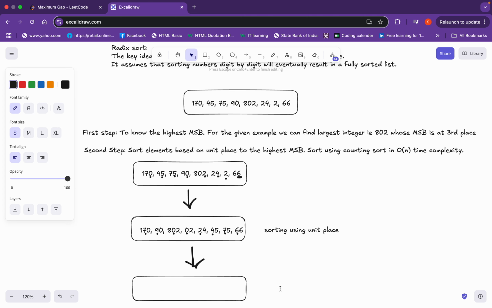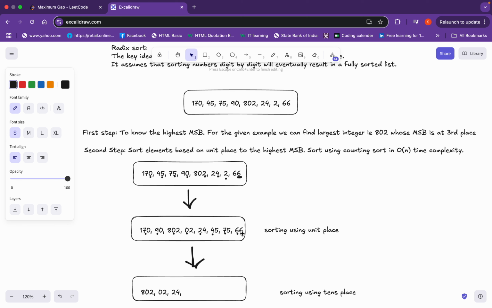Okay. Now let's sort this using tens place. So do we have 0? Yeah, we have 0. One is 802. Then we have 02. Then we have no more zeros. 1? No, we don't have 1 at tens place. 2? Yeah, we have 2 at tens place. Then 3?